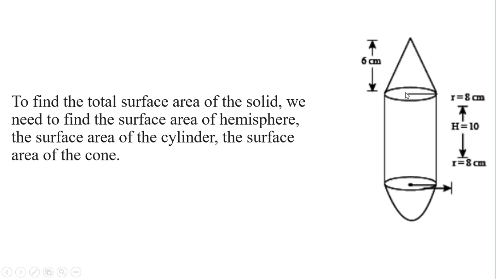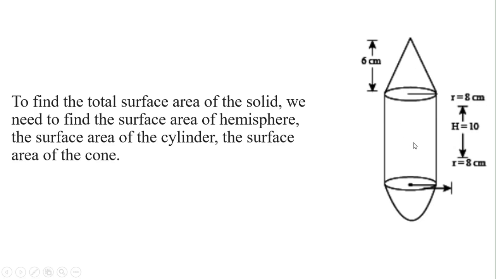When we are able to find the surface area of the cone, the surface area of the hemisphere as well as the surface area of the cylinder, just adding the three, we will get the total surface area. So first we need to find the surface areas of those individual shapes, then it is easy for us to find the total.